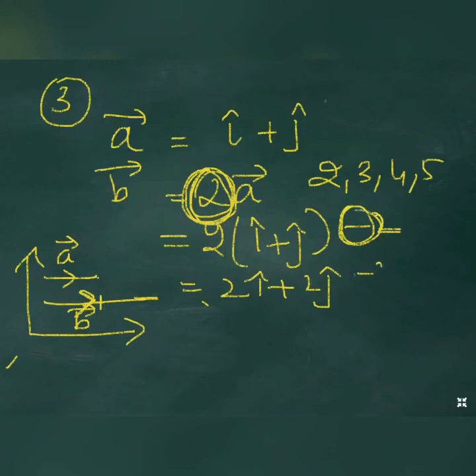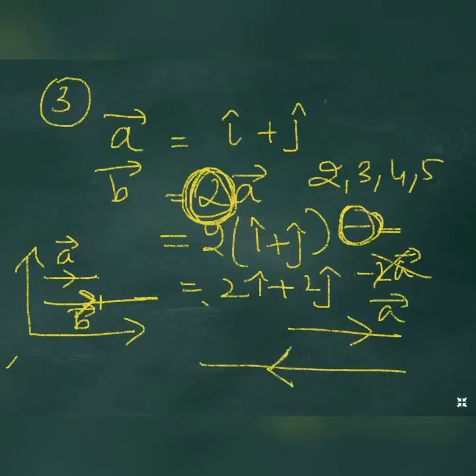That is, if you multiply vector A with minus 2, then the answer will be wrong, because suppose this is vector A, then vector B will be in the opposite direction. So you have to multiply with positive numbers in the case of same direction. In the case of opposite directions, you will have to multiply by negative numbers.